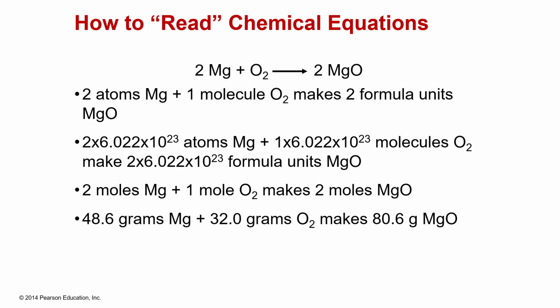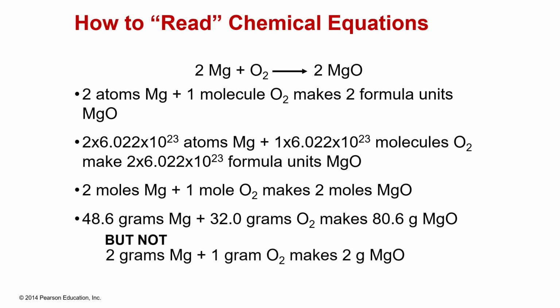And all of these are perfectly correct ways of interpreting that chemical equation. One thing we cannot do is read the coefficients as units of mass directly. So to read the equation as 2 grams of magnesium plus 1 gram of oxygen makes 2 grams of MgO, that is incorrect.